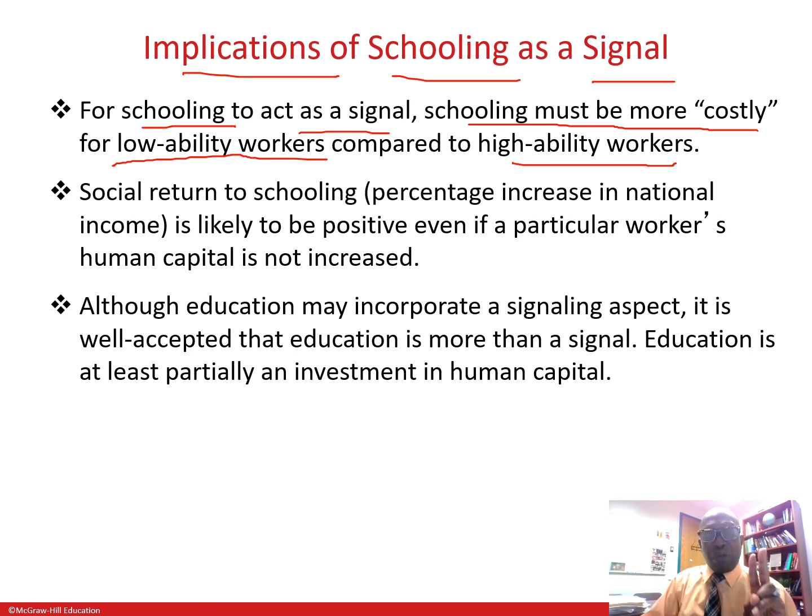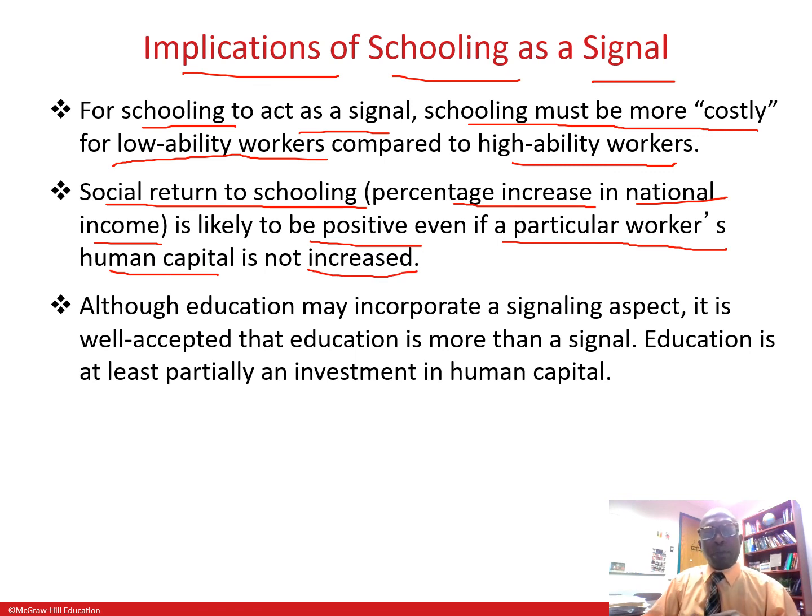The second conclusion is that the social return to schooling, the percentage increase in national income, is likely to be positive even if a particular worker's human capital is not increasing.